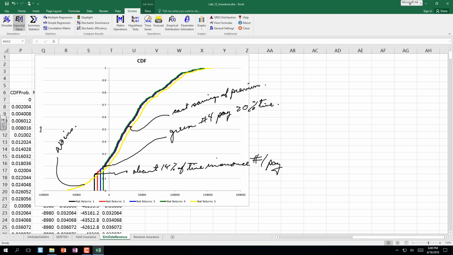And so if you don't have low yield or low price and you didn't buy insurance, you're better off. That's what it's saying. You're better off by that much money, which is the premium that you would have paid.